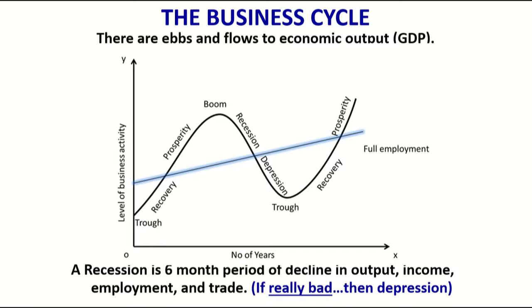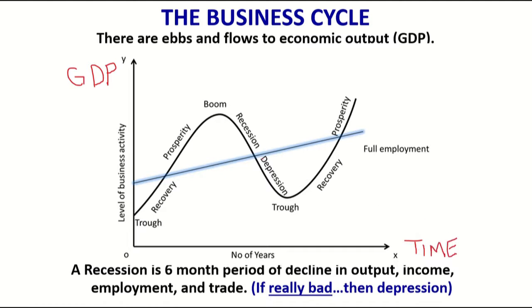output, or GDP. Now, over here on our y-axis, we have level of business activity. Really, this is our level of GDP. So we have our GDP on this axis. And then on our x-axis, we have time.